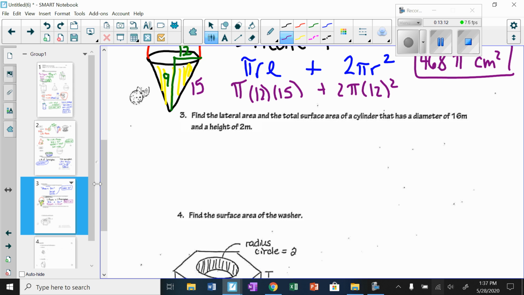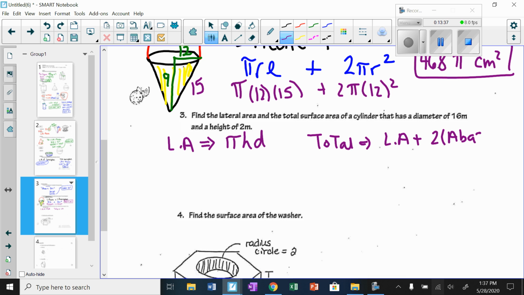Find the lateral area and the total surface area of a cylinder that has a diameter of 16 meters and a height of 2 meters. Okay, I want you to do that by yourself. So lateral area, you can pause me. Lateral area of a cylinder is pi h d, pi, height, diameter. And the total area of a cylinder is going to be the lateral area plus 2 times the area of the base.